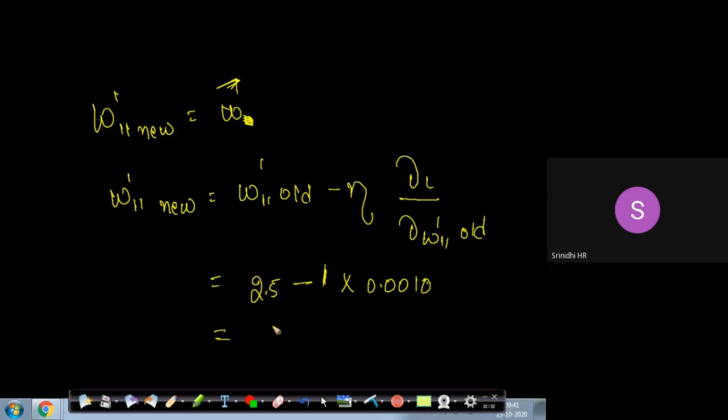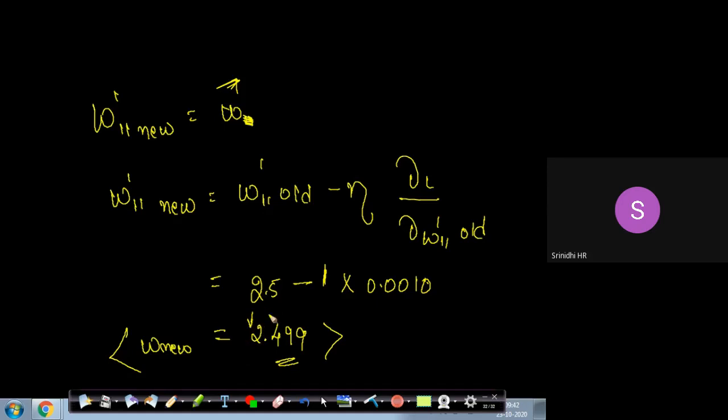It is 2.499, which is less than the old value. So W new is 2.499, which is less than this. This is how your new value is updated after applying your sigmoid function.